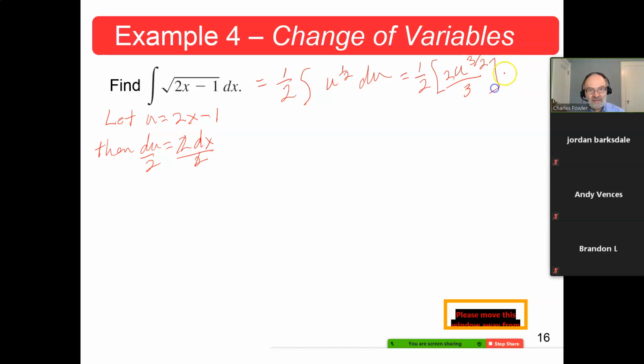And then don't forget your plus c. Now, notice this 2 and that 2 can divide away, and this gives you 1/3, and u is 2x minus 1, to the 3/2 power, plus c. That's it.